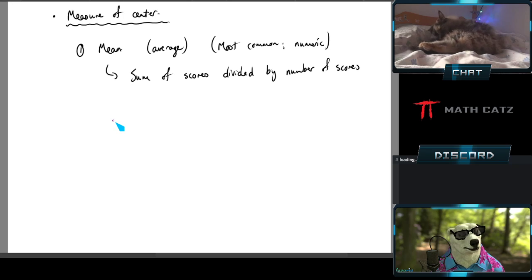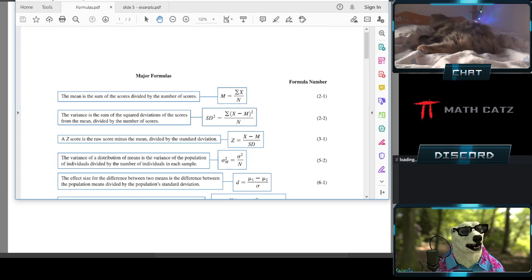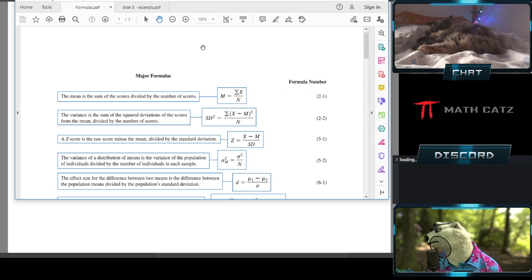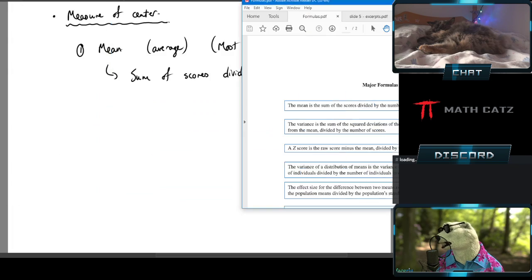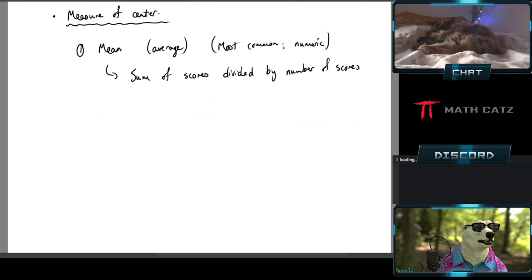If I start building slowly a formula sheet, this is the formula sheet that I am going to use. It's in the first pages of the Statistics for Psychology book, Formula 2.1. Let's just copy that down and talk about what the symbols mean. Get it? Mean.